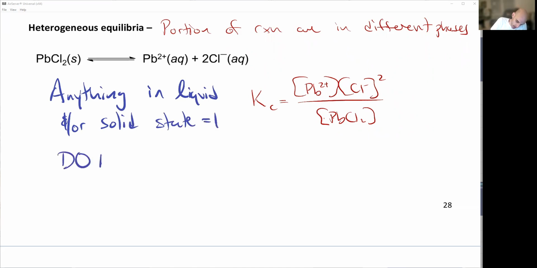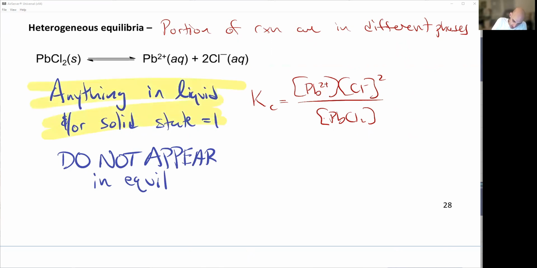They do not appear in the equilibrium expression. Okay, so that's an important part. Anything in liquid or solid is equal to 1, and they just go away.